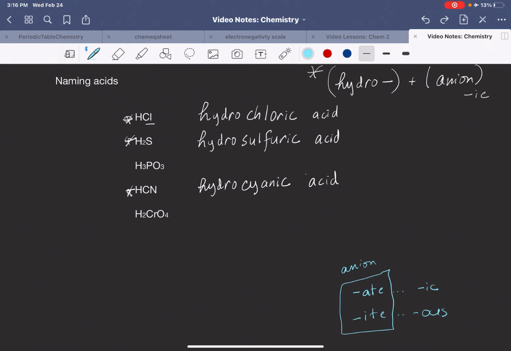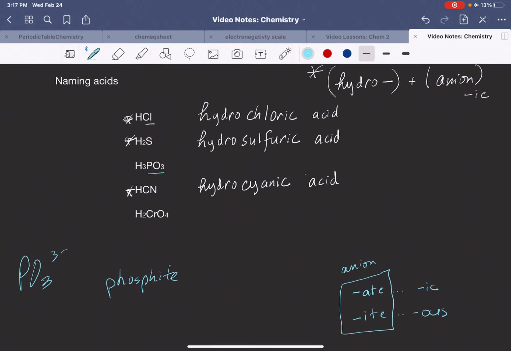So H3PO3. If we looked up PO3, it would be phosphate. Oh, I'm sorry, no, my bad. I'm so used to using phosphate. PO4 3 minus is phosphate. PO3 3 minus, that's phosphite.